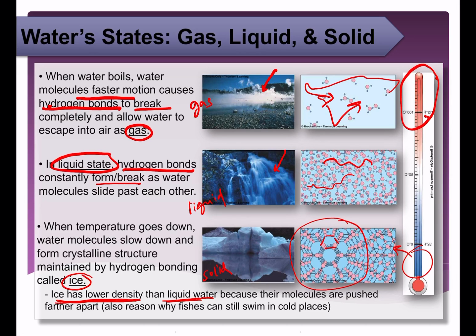Now, this is a special property of water that allows fishes in really cold areas of the world to be able to live and swim below the ice, or else the entire lake would just be full of ice chunks sinking to the bottom, and that would limit the space for organisms to live in. But because of this unique property of water where ice is less dense than liquid itself, fishes can still swim in those cold places.